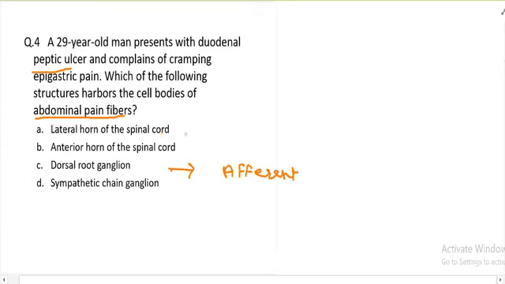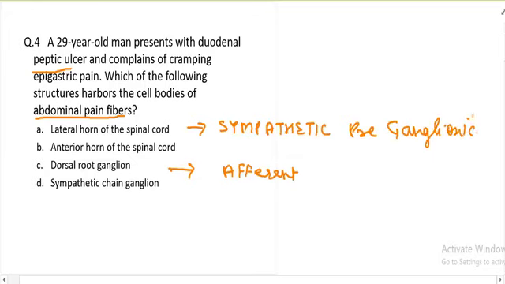What about lateral horn of the spinal cord? Lateral horn of the spinal cord is concerned with the sympathetic preganglionic nerve fibers. What about anterior horn? Anterior horn is always concerned with the motor activity, so this is concerned with the efferent fibers.